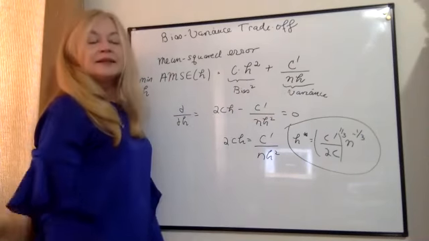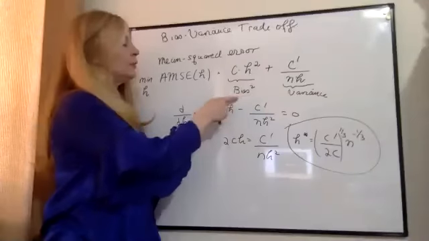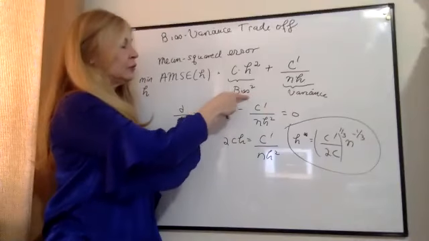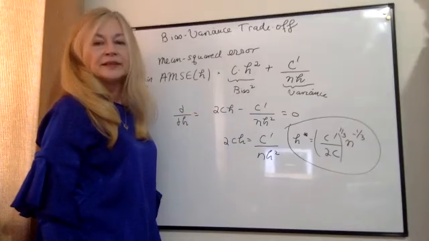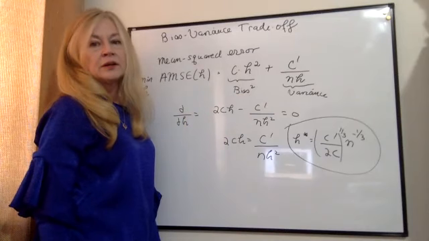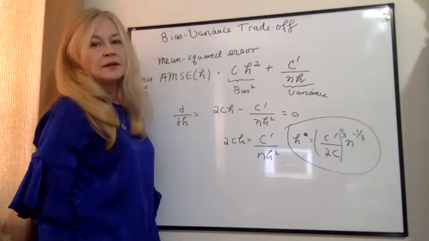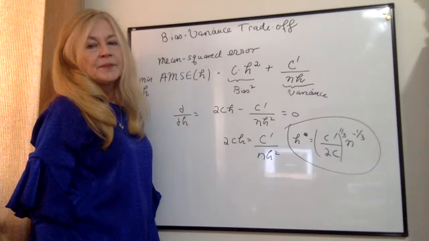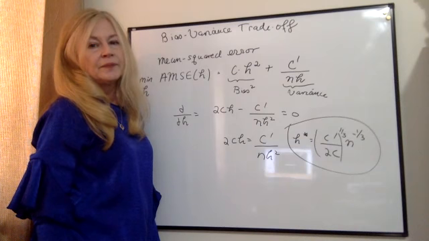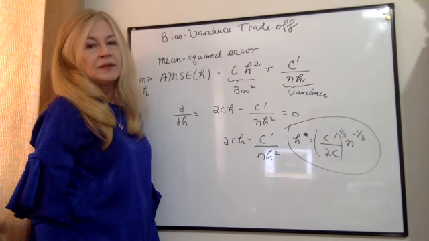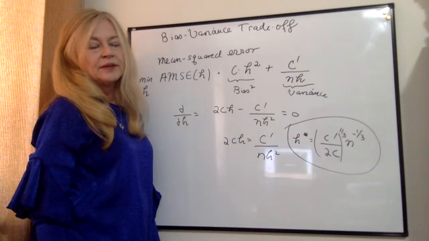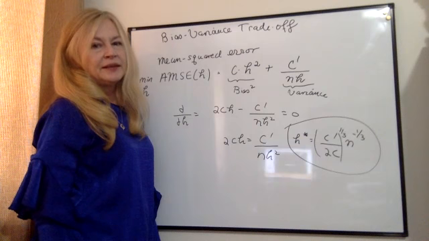So for the OLS estimator, what would the mean squared error be? What is the bias squared for the OLS estimator? Think about it: did the OLS estimator have a bias?